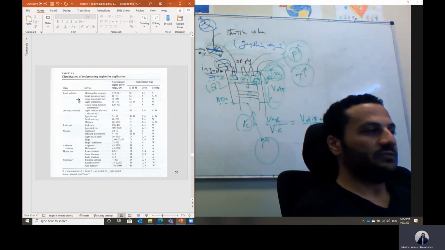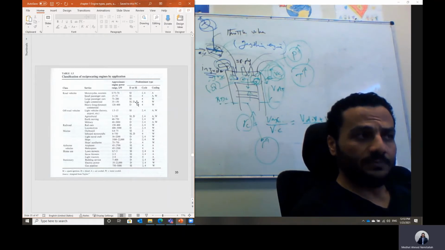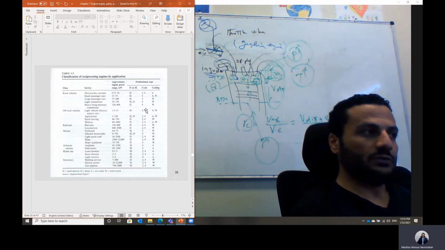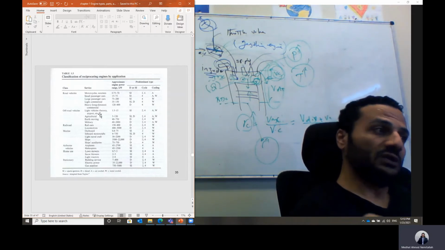Here is the application. Depending on spark ignition or diesel engine, usually gasoline engines are used whenever we need high speed, and also in light duty engines. But in heavy duty applications, like railway, a train, or boats and ships, we need efficiency and higher power.